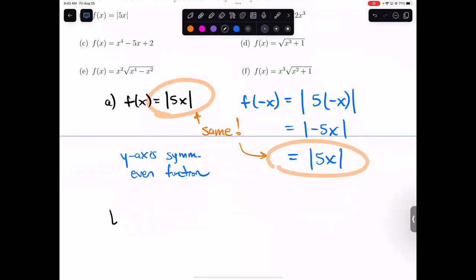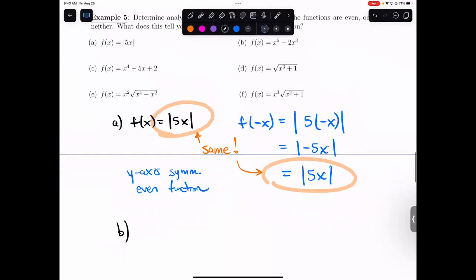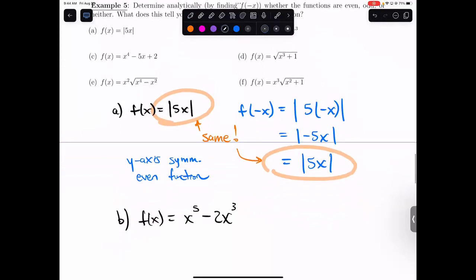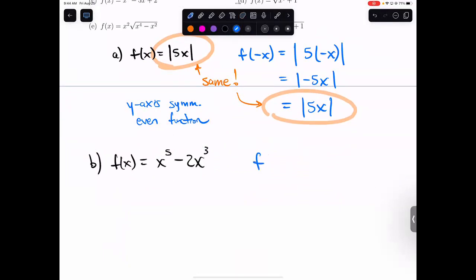Okay. Has everyone had a chance to look at the one in part B? x to the 5th minus 2x cubed? Yeah, okay, somebody walk me through it. Same approach. We're going to find f of negative x.